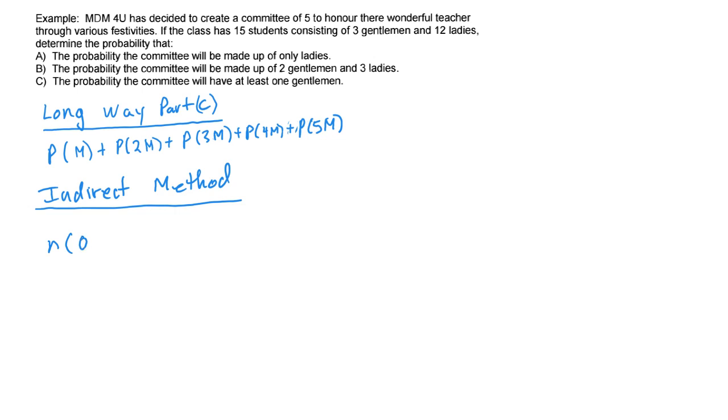N of 0 men is equal to, well, remember, it was 3 choose something and then 12 choose something, right? In this case, we're going to choose 0 and then 5 women. Multiply that out and you end up with 792 ways. Make sure you identify that these are your men and these are your female.